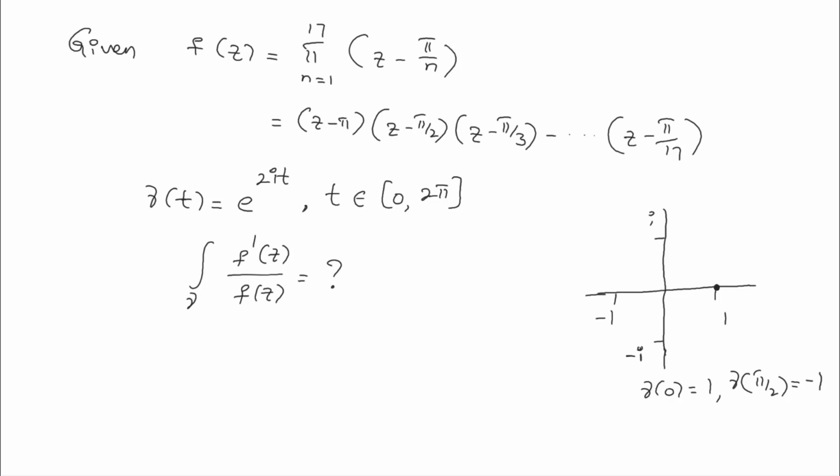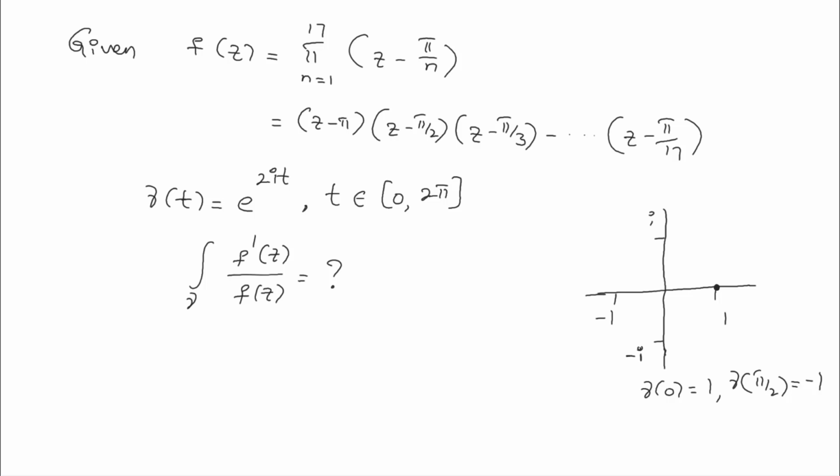That means this point. One can see simply that gamma of t is a circle, since its absolute value is 1, so it is a circle of radius 1 and it travels from the point 1.